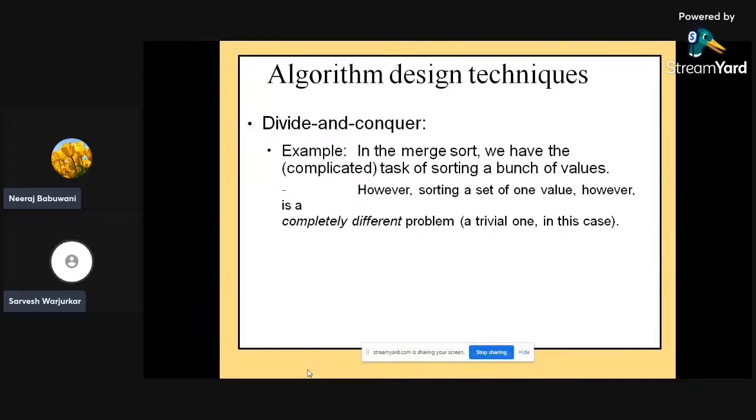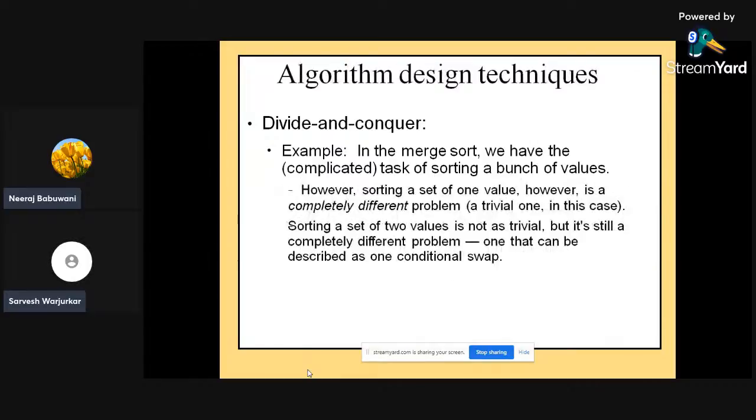In merge sort, we have the complicated task of sorting a bunch of values. However, sorting a set of one value is a trivial problem.